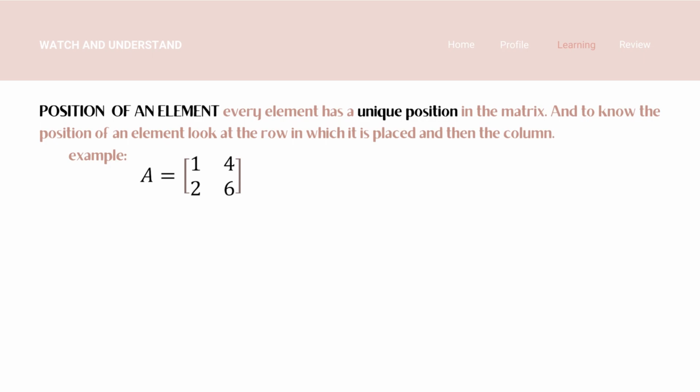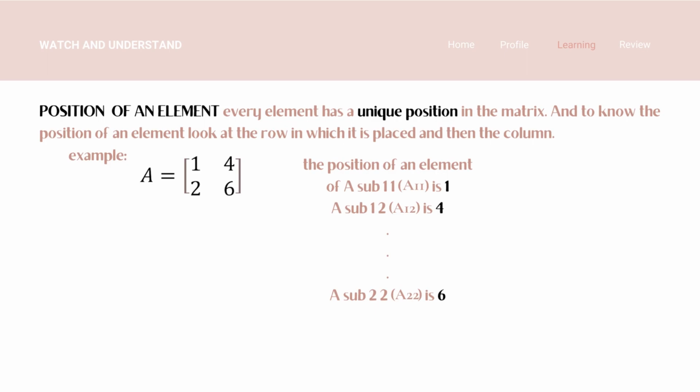Remember, row first then column. So A sub 1,1 is 1 because it is the first row and the first column. How about A sub 1,2? First row and the second column. A sub 1,2 will be 4. This goes on and the last element will be A sub 2,2, second row and second column.